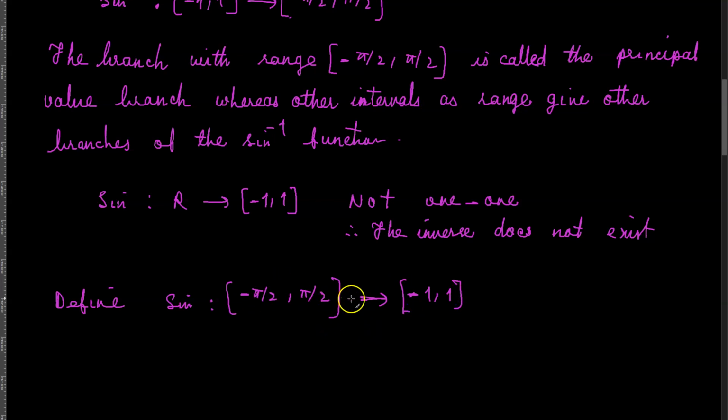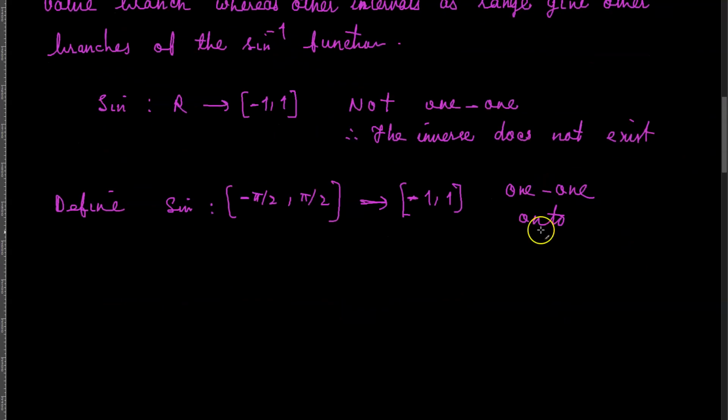And now the function is 1-1, and it is of course onto as well. Since the function is 1-1 and onto, therefore the inverse of the function exists.